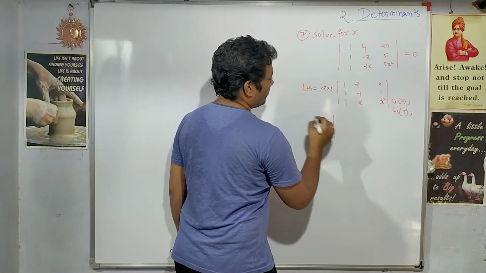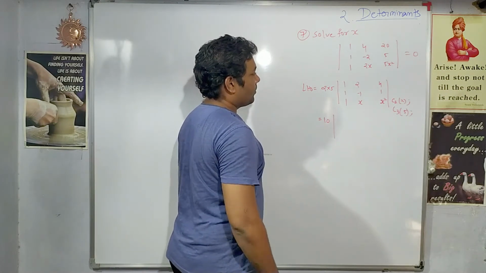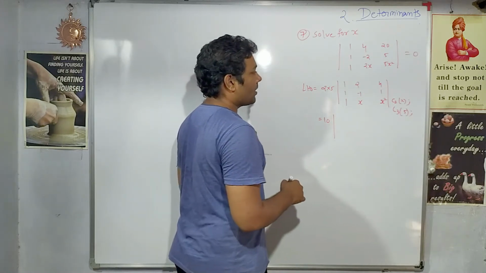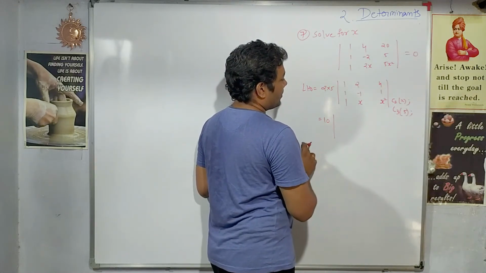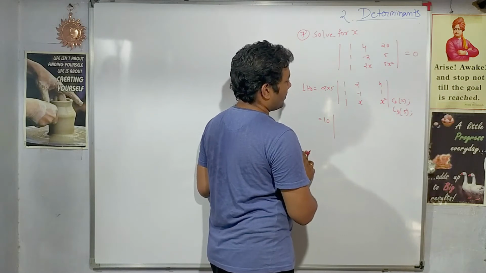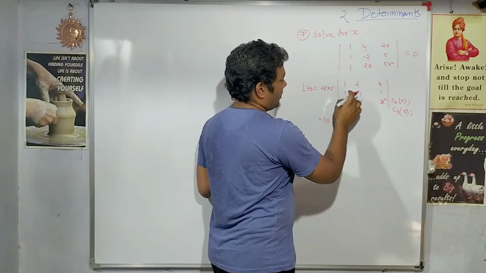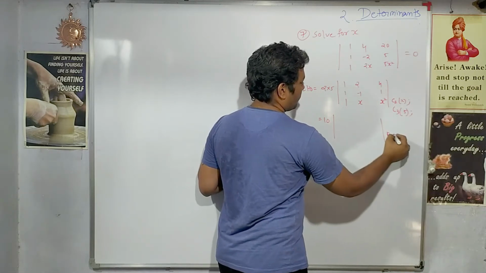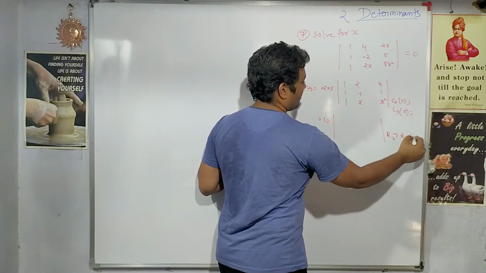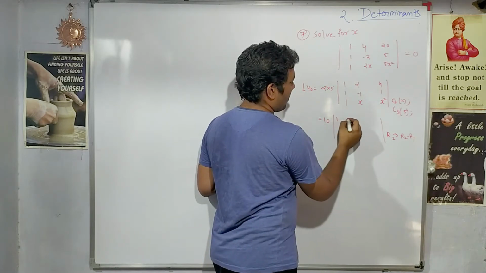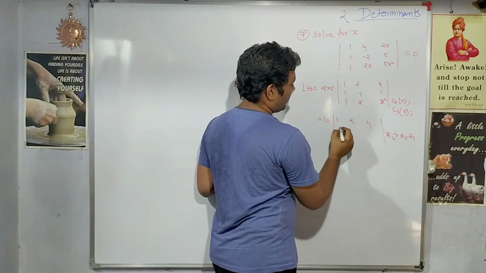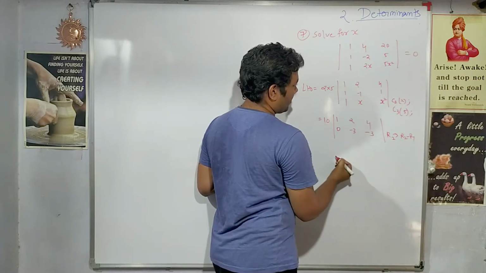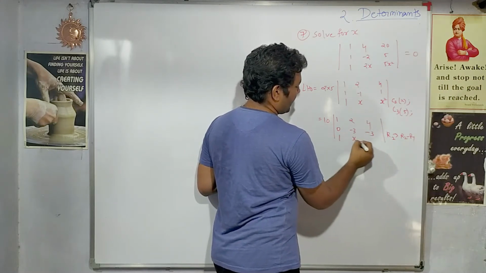So 10 into the determinant. Now you can create maximum zeros so that the simplification becomes easy. I will carry out the subtraction in the second row, R2 minus R1, because I can see this will make 0. So 1 minus 1 is 0, 2 minus 2 is 0, and 1 minus 4 is minus 3, then 1, x and x square.